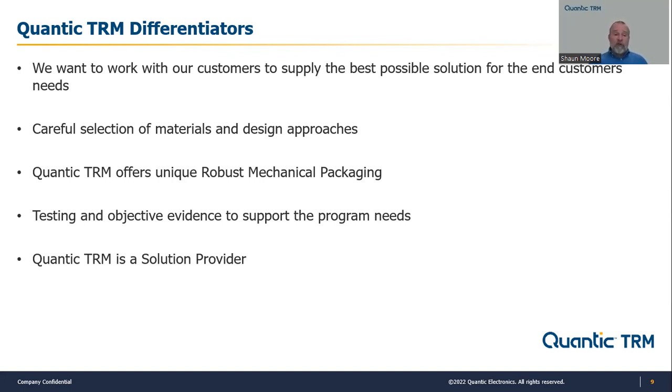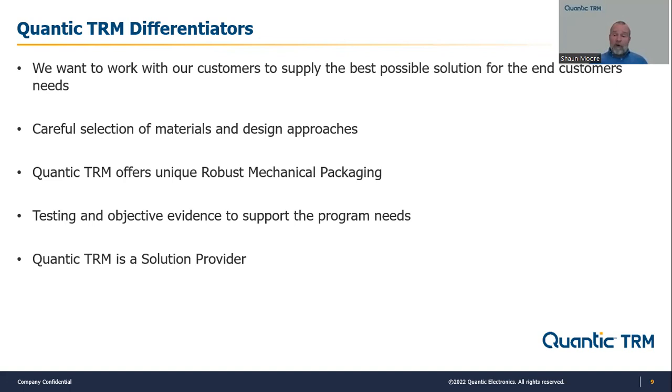We do this through a careful selection of materials, design approaches, making sure that we are working with the correct block diagram, if you will, to make sure that what we end up with really is the best solution for what you need. We also are very much concerned about packaging and environmental requirements.